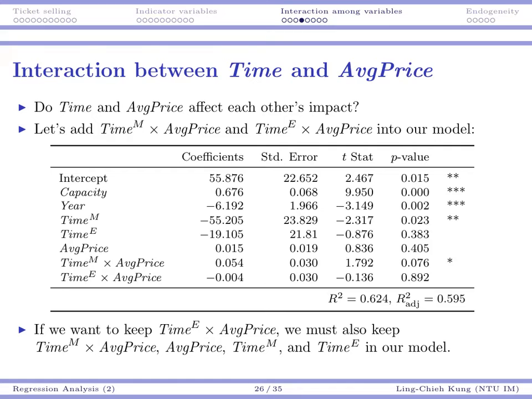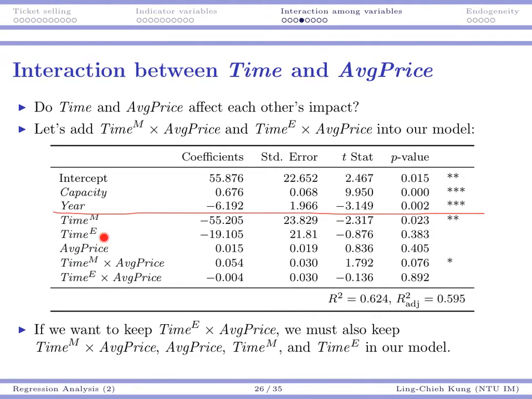Okay, so we have some variables who are not directly related to time and average price. We can see that capacity and year are still quite significant, so the impact is still there. And then for time and the average price related variables, we find out that average price now becomes insignificant.